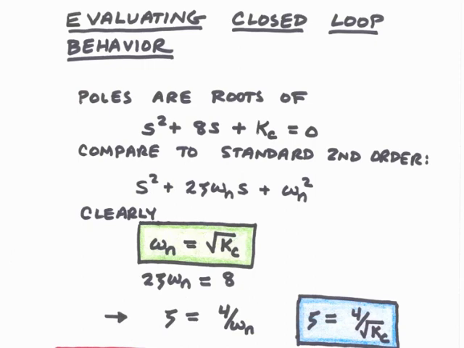So clearly, omega n here is equal to the square root of kc. And then we can find the damping factor. Zeta is equal to 4 over square root of kc. So we see the controller gain kc affects both omega n and zeta.